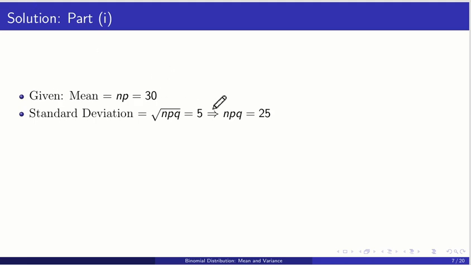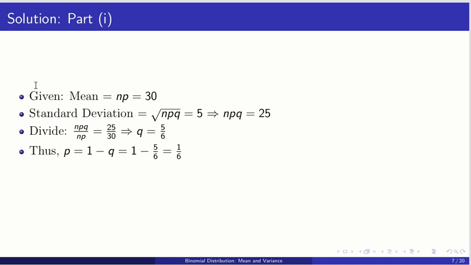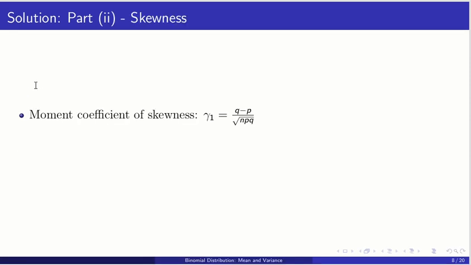So we will have NPQ equal to 25. Thereafter we will get Q as 5 upon 6 and P as 1 upon 6, and NP is 30. So N we will have 180.